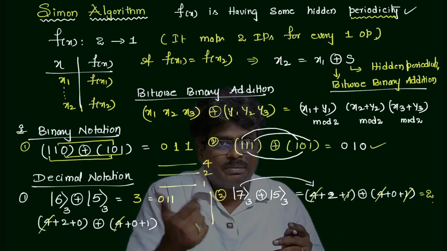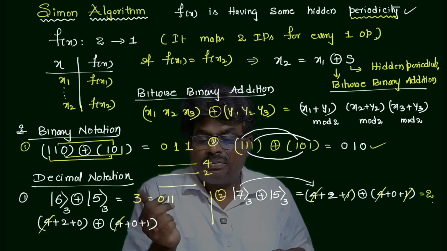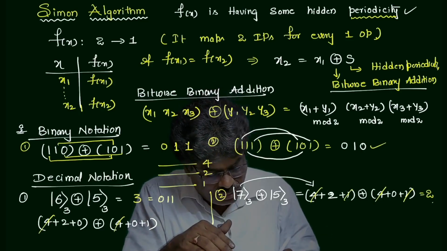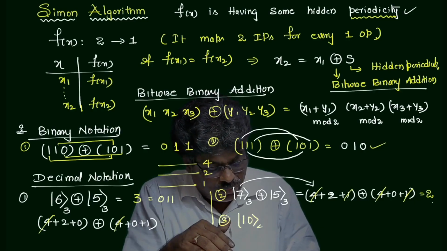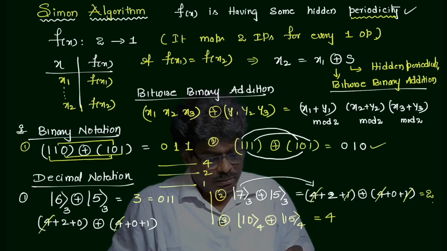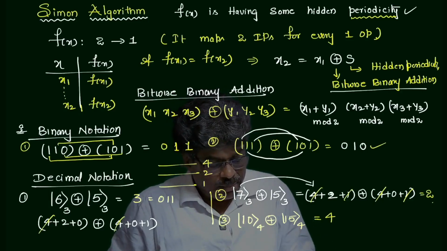Let us take a little bit bigger number. For example, I'm taking 10 XOR 15, with 4 qubits. What is this 10?